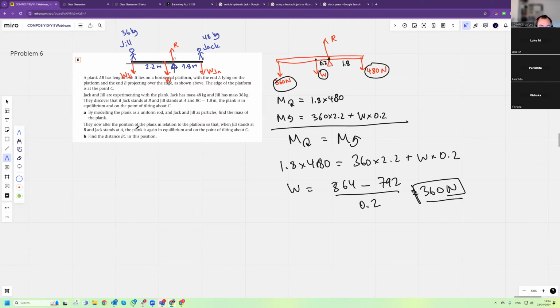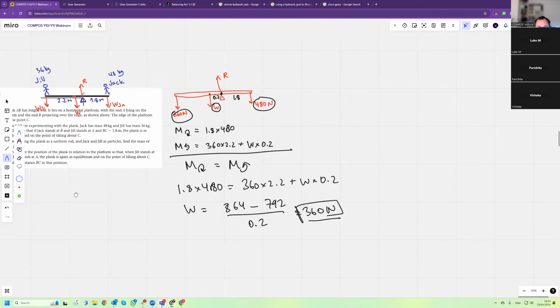They now alter the position of the plank in relation to the platform so that when Jill stands at B and Jack stands at A, the plank is again in equilibrium. Find the distance BC in that position. So they move the plank.